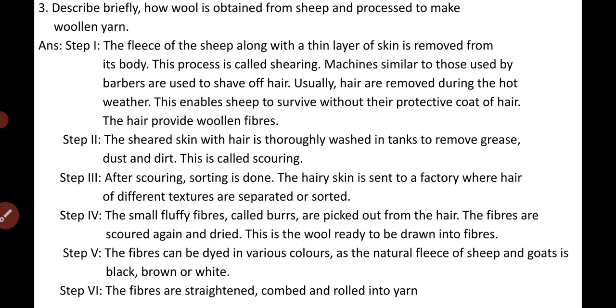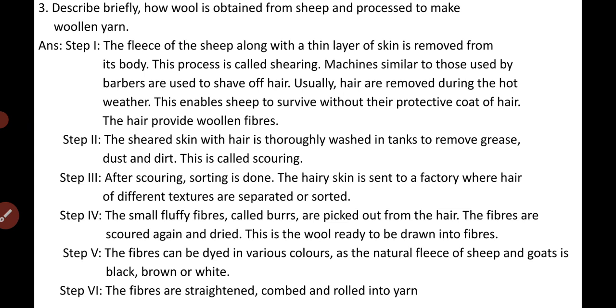In this process, the fleece is sent to a factory where it is broken and separated into different sections of different quality fibers. The process of separating the fleece of the sheep into sections according to the quality of wool fibers, such as fine, coarse, long, short, etc., is called sorting. So after scouring, sorting is done.